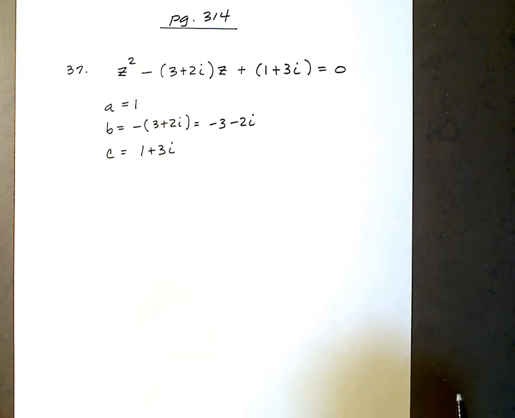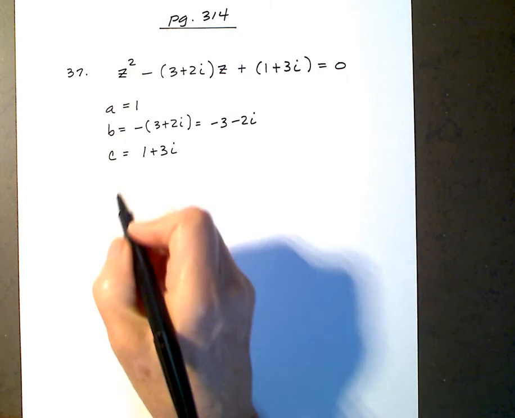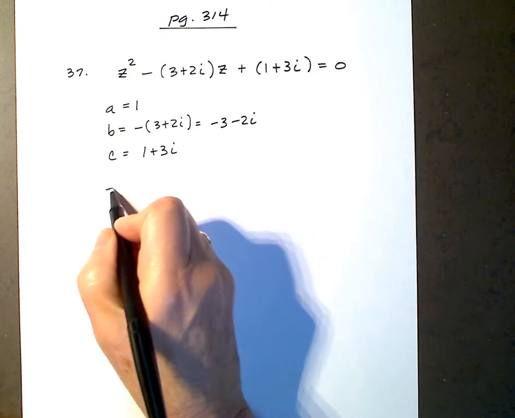So substituting everything into the quadratic formula, we've got the variable z.